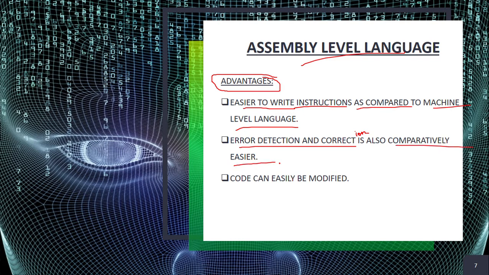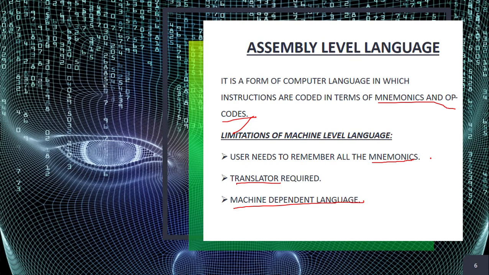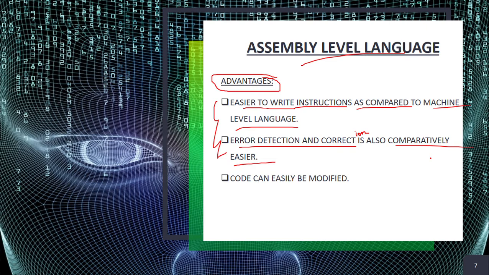These sentences are comparisons: it is not that it is very simple, but comparatively, if one uses machine level language it will be much tougher, while with assembly level language it will be easier. And the code can easily be modified. So again, only three points. These three points should be learned by heart.